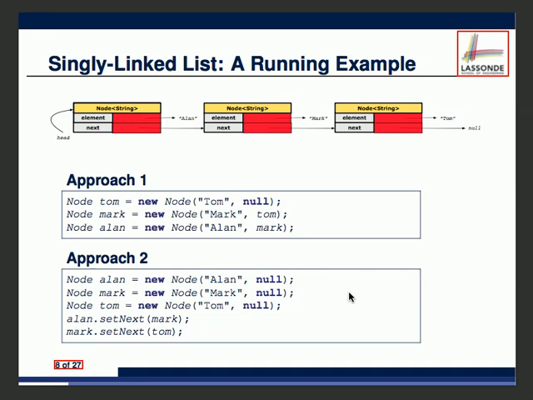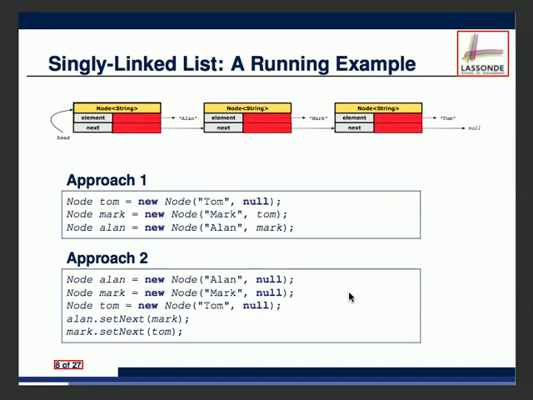So let's try to see this. When we say Alan dot set next, so what does that mean? And we say Alan dot set next mark. So now you can see that this mark over here is going to be copied by reference, a copy of mark, which is this object over here, right? Oh, I forgot to point to them, okay?